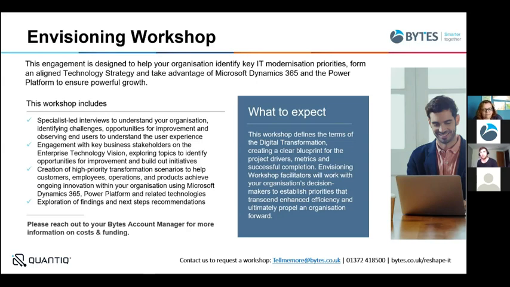We will then, once we get to that stage, look at how we can leverage Microsoft technologies, specifically Microsoft Dynamics 365, and also Power Platform to drive a high quality enterprise transformation to benefit your customers, your employees, operations, and other key stakeholder groups across your organization.